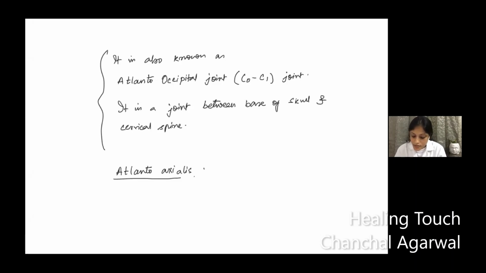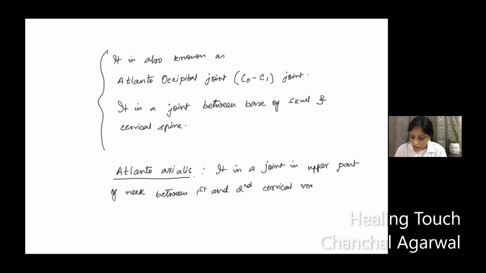Atlanto axialis. So what is this Atlanto axialis? It is a joint in upper part of neck between first and second cervical vertebra.